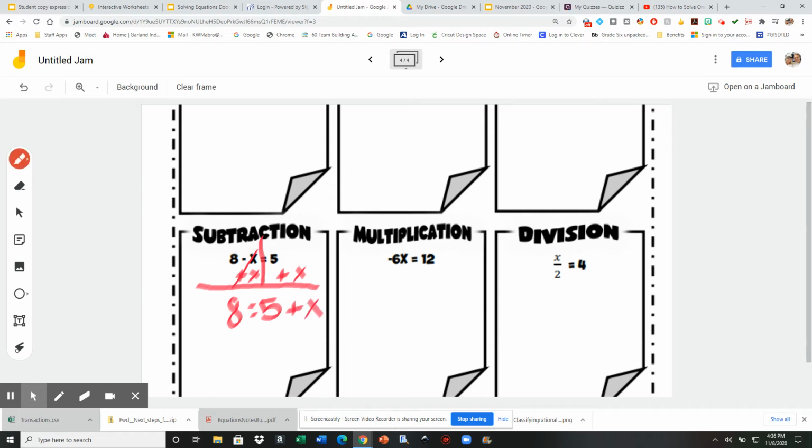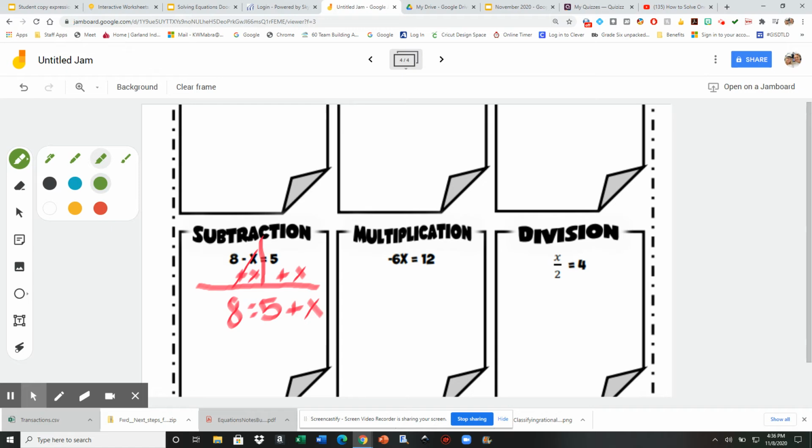Now that really didn't help me any because x is still not by itself, but now I have a positive x, which is what I want. And it doesn't matter if x is on the left-hand side of your equation or the right-hand side, because that equal sign is like a balance. Remember that.